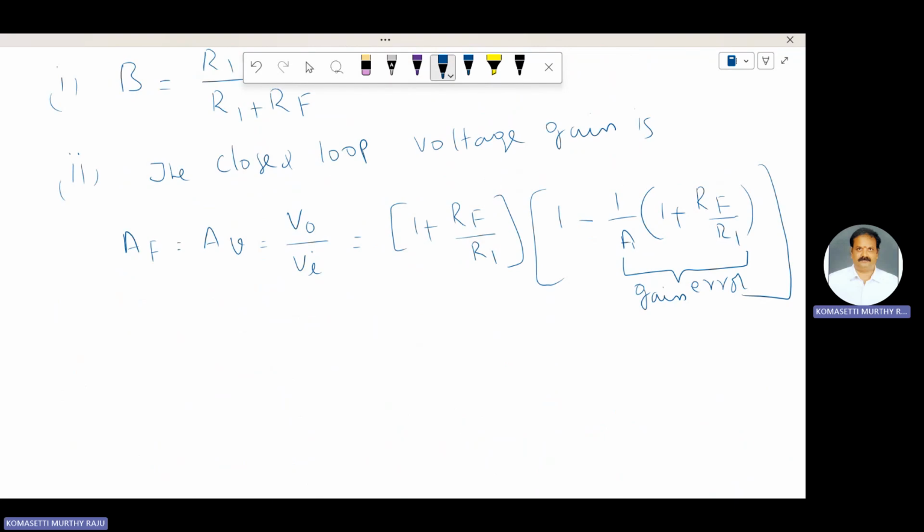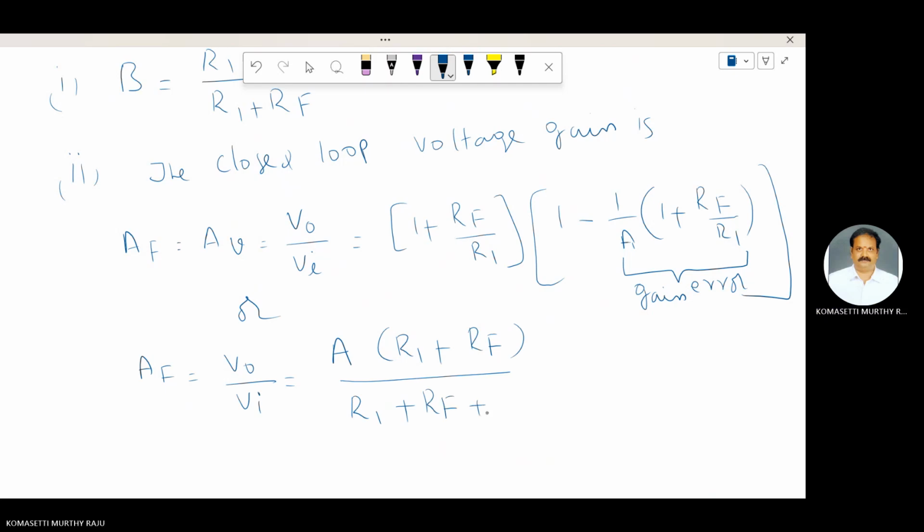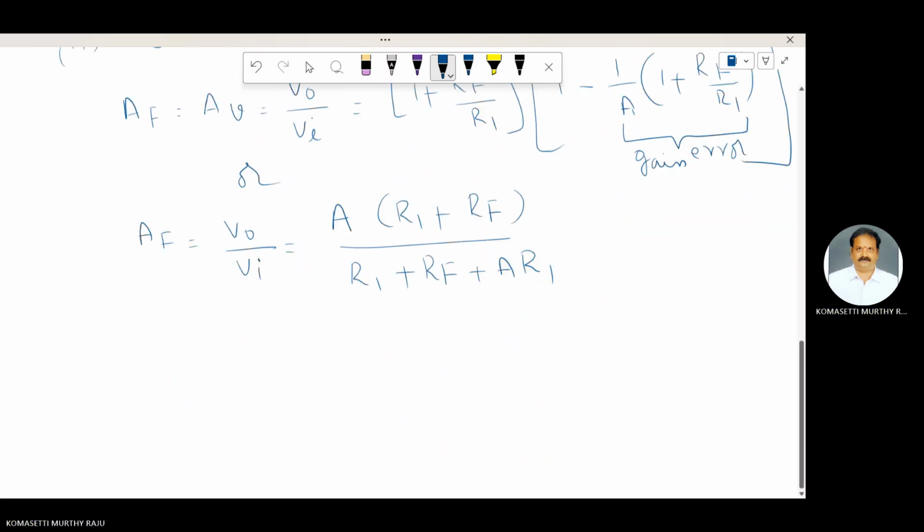Another formula for this gain is AF equal to V0 by Vi equal to A into R1 plus Rf, by R1 plus Rf plus A into R1.